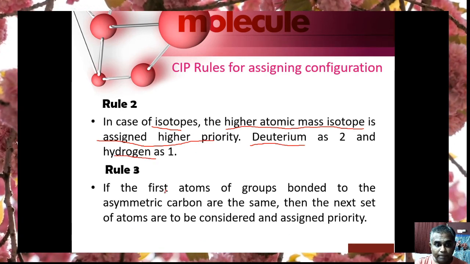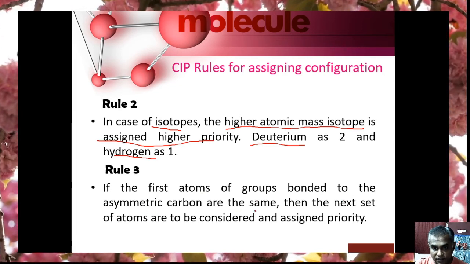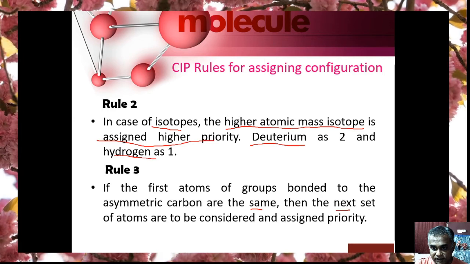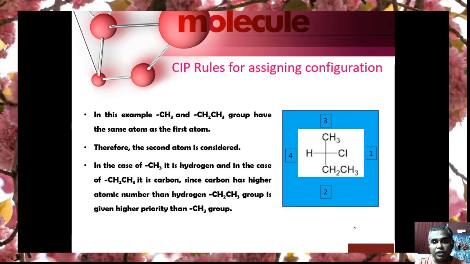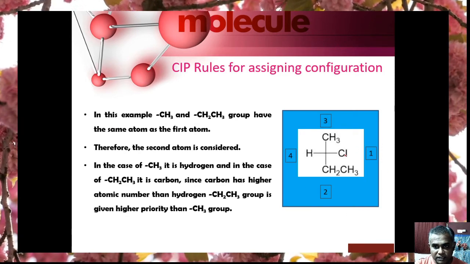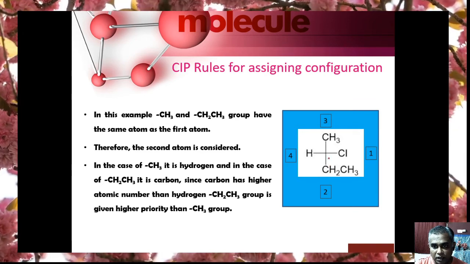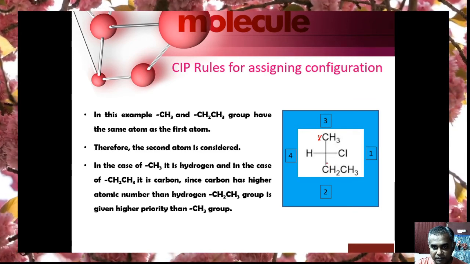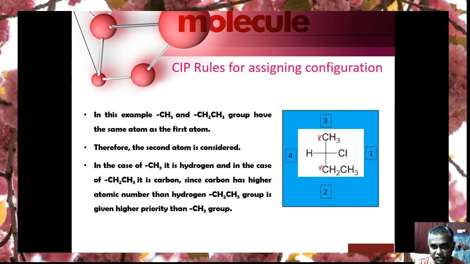Rule 3: if the first atoms of the groups bonded to the asymmetric carbon are the same, then the next set of atoms has to be considered and assigned the priority. In this particular example, in groups 3 and 2, we end up with the same carbon atom. Therefore, we have to check the next connected atom.